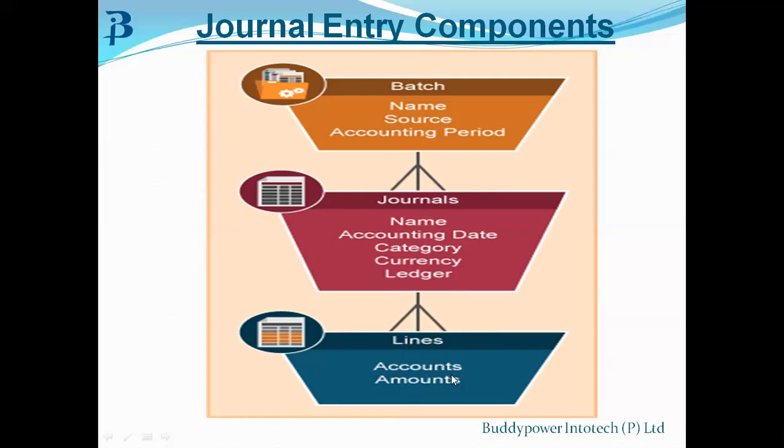In the first accounting class I gave one example of what we need for recording a transaction: calendar, date, currency, ledger, category. That is the journal. That's the requirement. And lines: debit, credit.